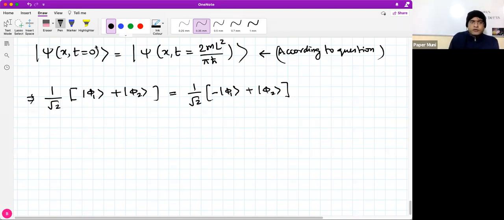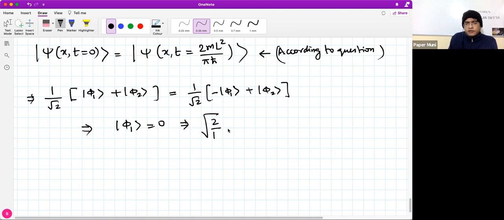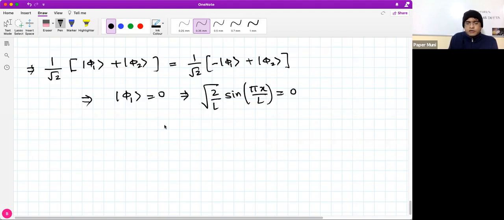Now if you see this, everything gets cancelled out, what we are left with is that 2ϕ1 is equal to 0. So that brings us to ϕ1 equal to 0. Now this implies that, what is ϕ1? ϕ1 is sin(πx/L) equal to 0. Right? Now what are the solutions possible?